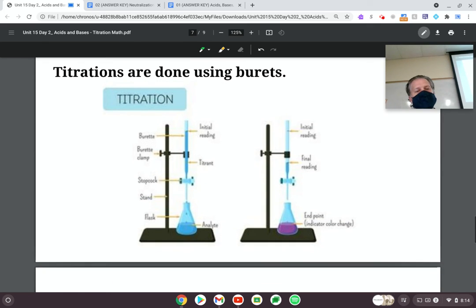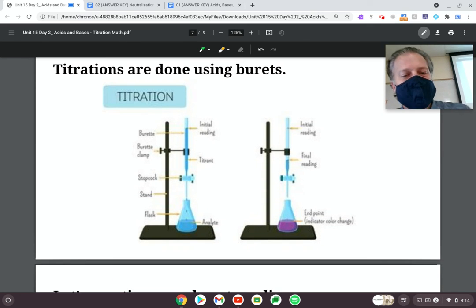So this is what a setup might look like. You might have a ring stand, a buret clamp, and a buret that has a valve on it. The valve has a very special name: it's called a stopcock. Then you have a flask with the analyte, which is the thing we are trying to determine the concentration of. And inside the buret, you have something called a titrant.